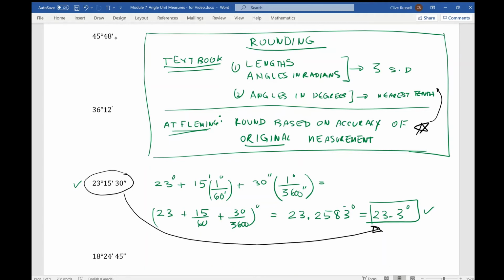So you see, if we were to try to use the Fleming or our course rounding, the original is 23 degrees 15 minutes and 30 seconds, so there are no decimals there. So in that case, we have to revert to our rule for rounding angles in degrees. That's in degrees, so we round to the nearest tenth.